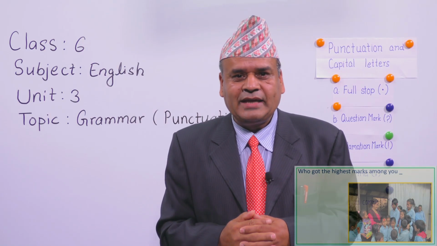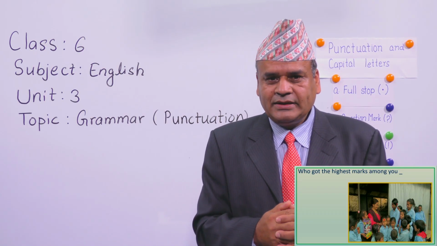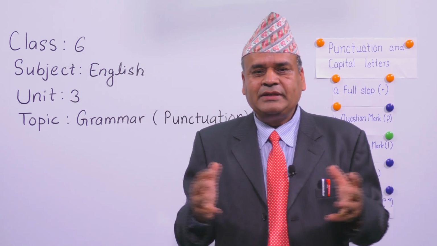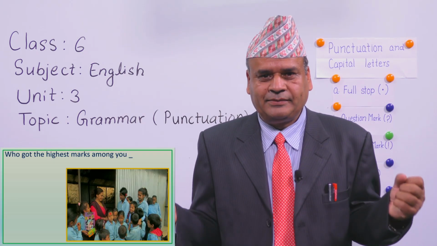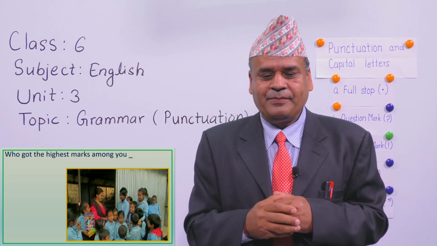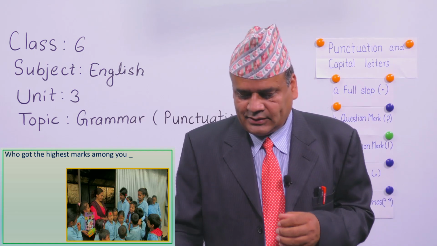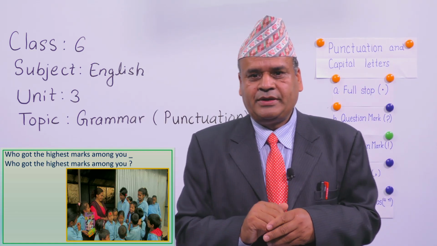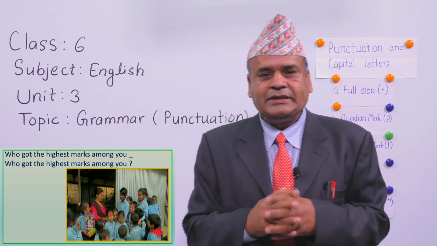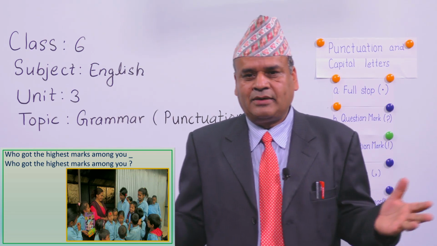Yeah, I don't think that sentence is complete or correct. This sentence needs a mark. Only then it becomes complete, right? So what mark do you see here? Question mark, because it's a question. The teacher is asking, who got the highest marks among you?